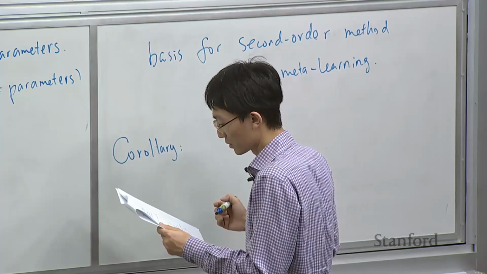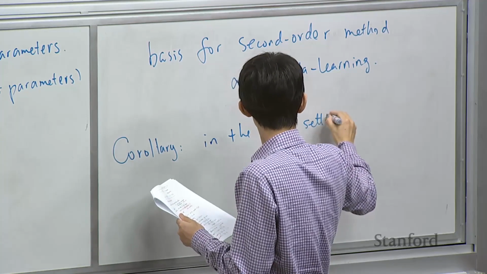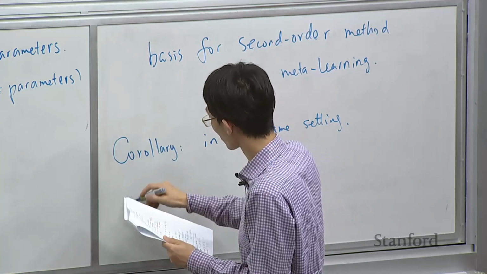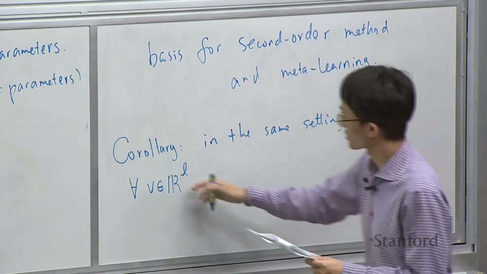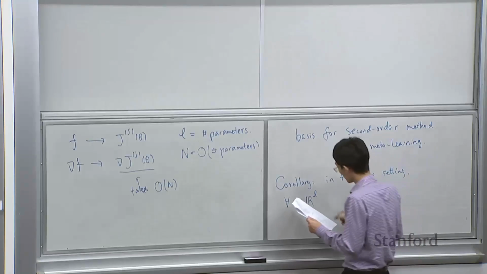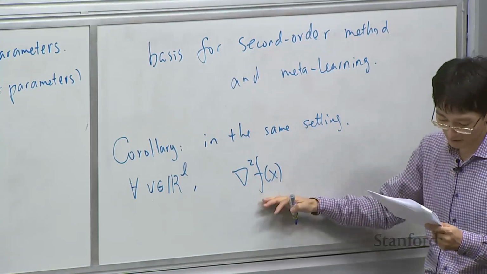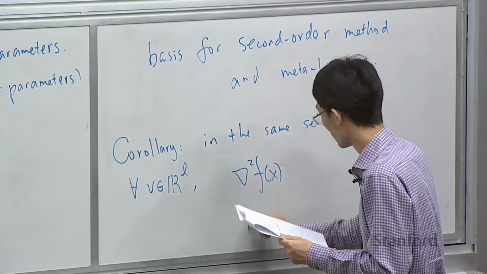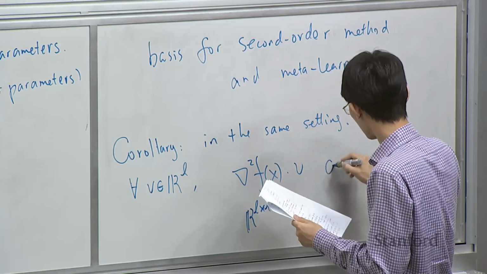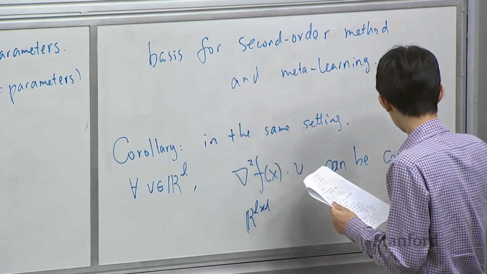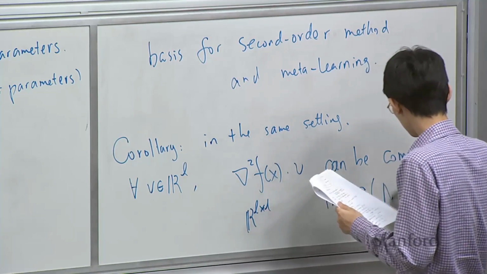So for example, suppose in the same setting, you can claim that for any vector v of dimension L, which is the same as your input dimension of x, the Hessian, the second order derivative, which is an L by L matrix, times this vector v can be computed in O of n plus L time.